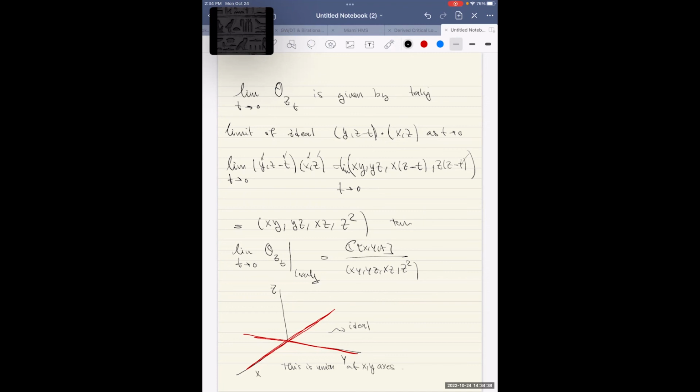The ideal of the union of the x and y axis is generated by x times y and z. So O of x-axis union y-axis is in fact C[x,y,z] divided by (xy, z).